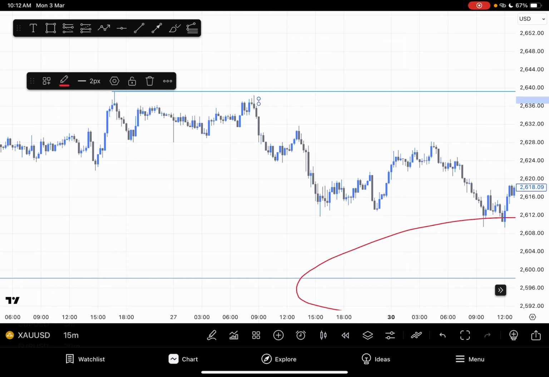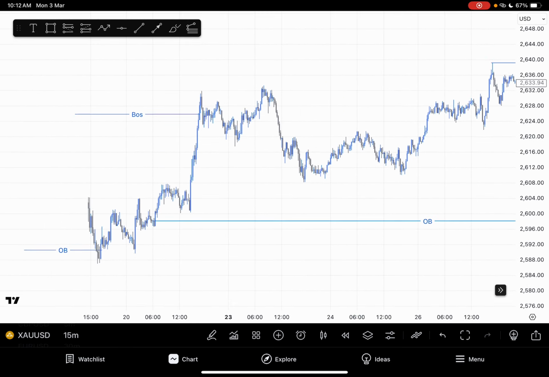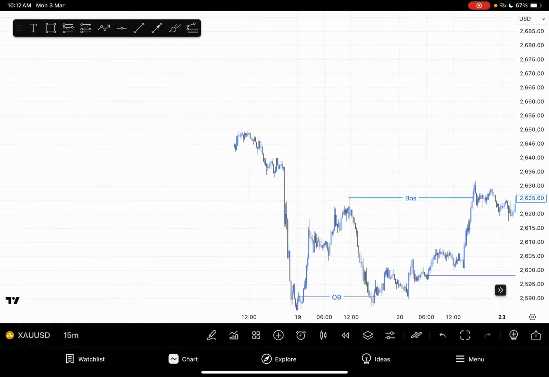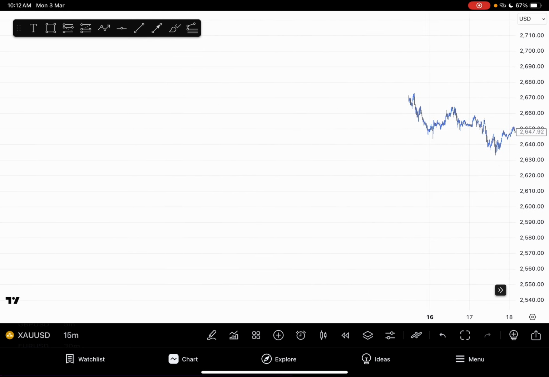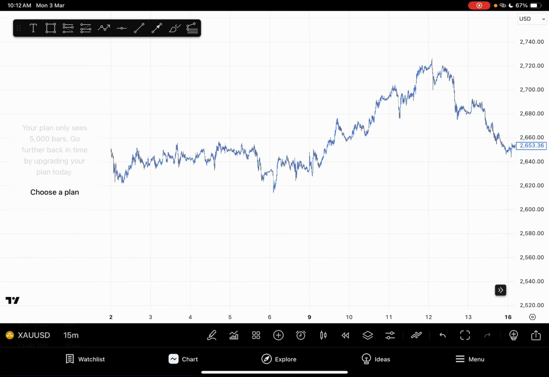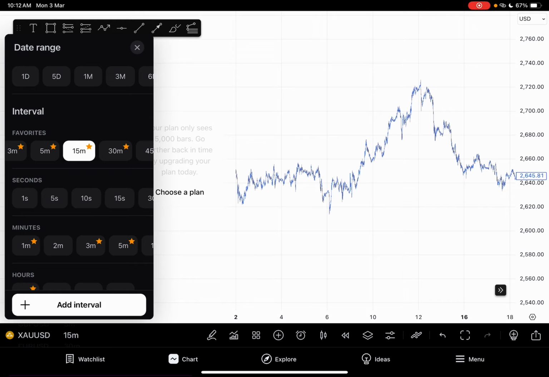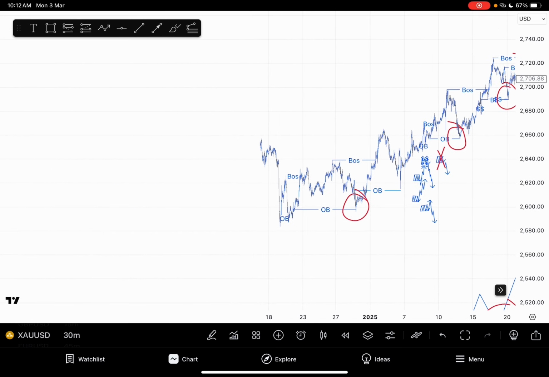Look for other fake breakouts on the charts. So, just one second. I think I saw that somewhere. Let me go to a higher time frame to see if I can find that.